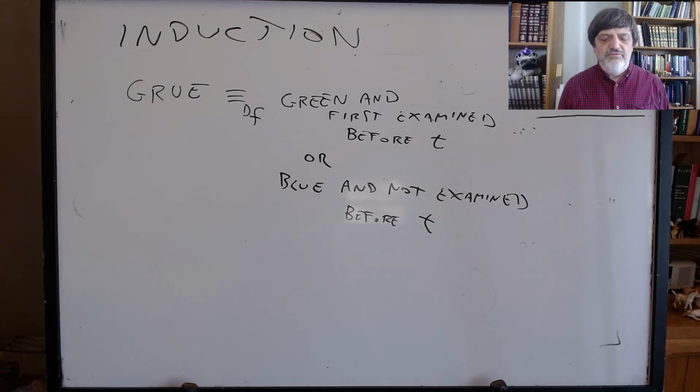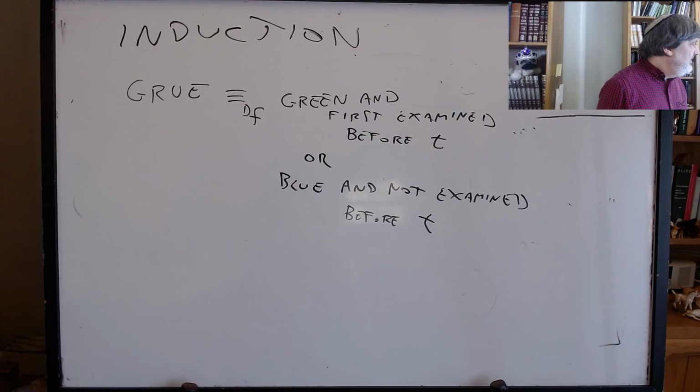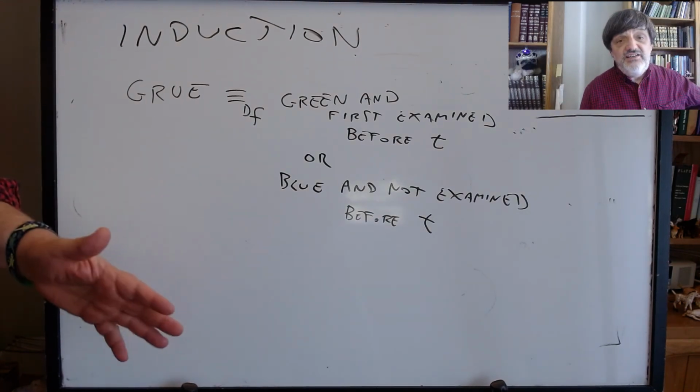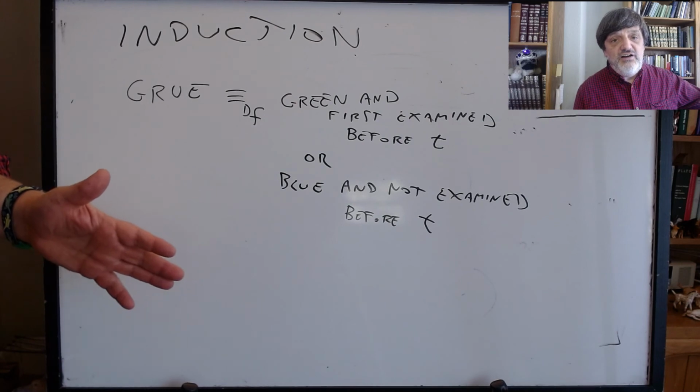We want the validity of an inductive inference to depend on who is making it, right? People who are not part of the community that's done the examining don't have a basis for making the inductive inference.